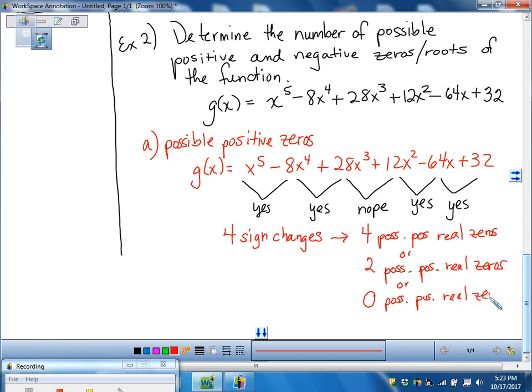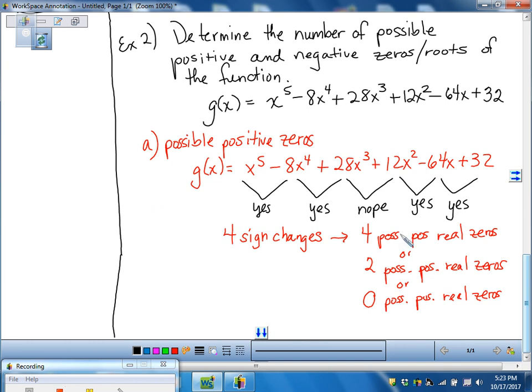Now, how does this help me? Remember the night before we did that rational root theorem where we figured out how many possible roots there were, and we ended up with positives and negatives.